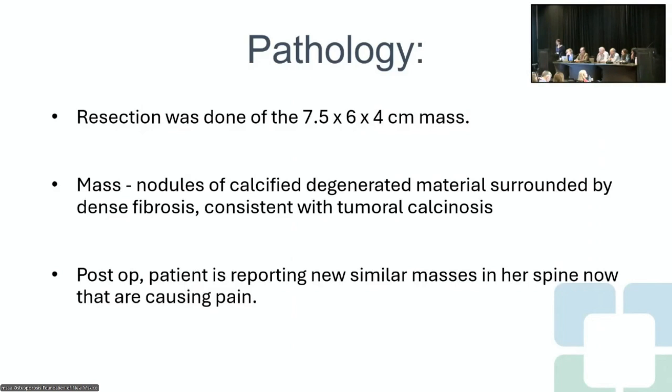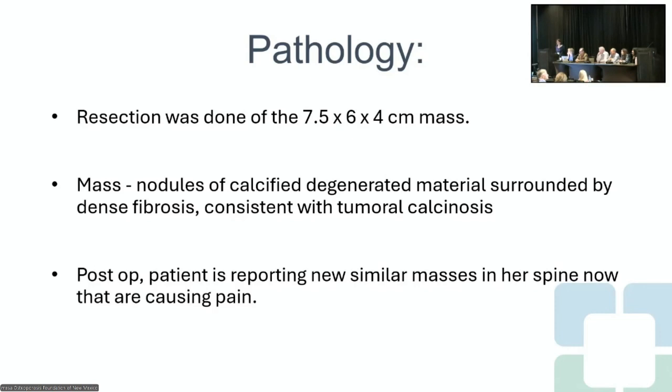The main question that I posed to the group and the panel today is what to do next, because the patient was reporting new lesions in her spine, and she was quite concerned to see if there's any additional treatment that could be done to prevent them.